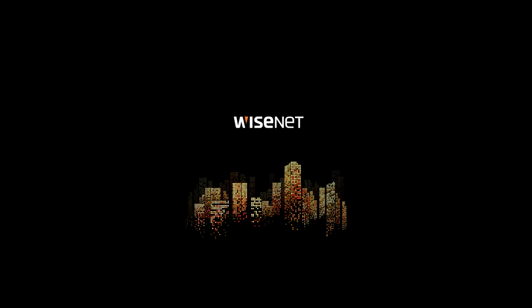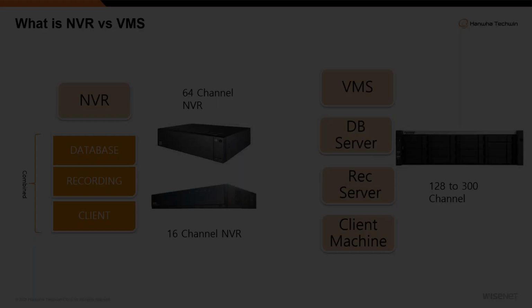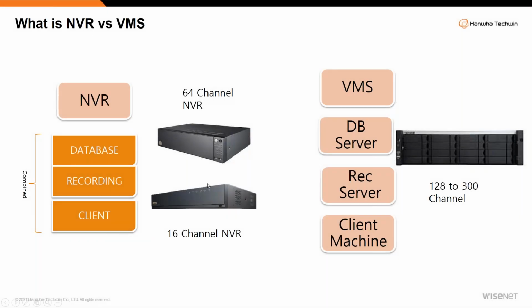So we will start with the VMS, and before that, where we left off from yesterday was what's the difference between your typical recorder, network video recorder, compared to a VMS application. One of the key differences between them that we understood yesterday is an NVR is similar to a mini VMS or a small VMS.